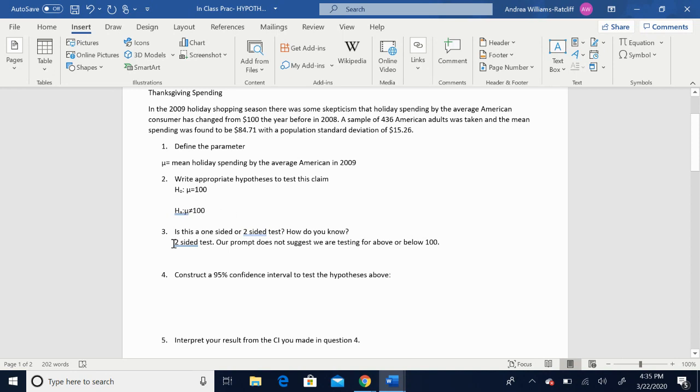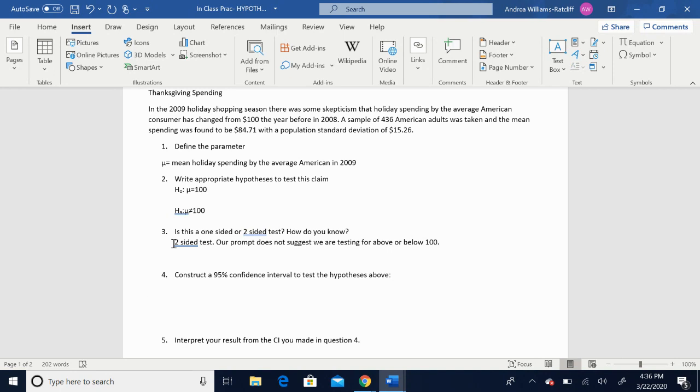Remember what a confidence interval does: it gives us a margin of error on either side of the sample mean. So we have an approximation of how much it could be bigger, and also of how much it could be smaller. So we only want to use confidence intervals to test when we have two-sided tests. Only when we have two-sided tests. So let's start with constructing this interval.